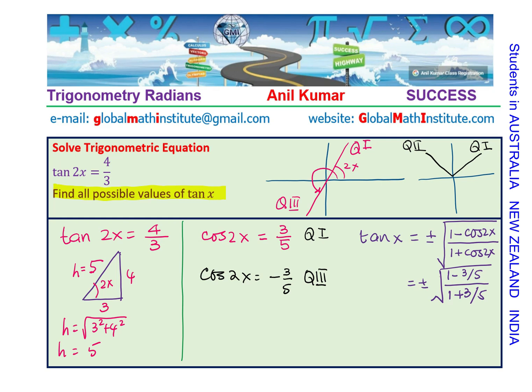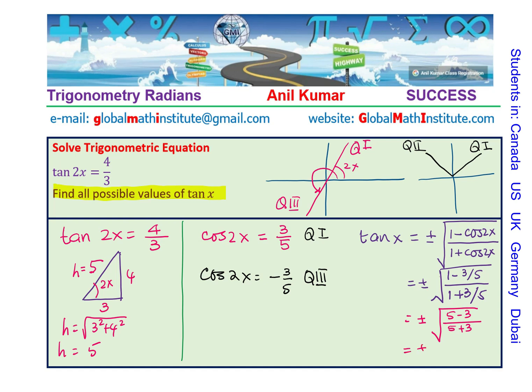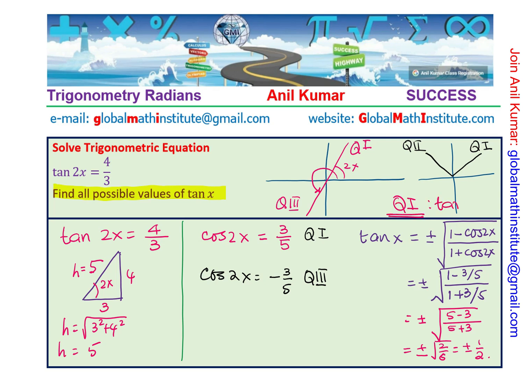Once you solve this, you get plus and minus square root of 5 minus 3, right, over 5 plus 3, which is plus and minus square root of 2 over 8, or plus or minus square root of 1 over 4, which is half. So that becomes the solution when you are working in quadrant 1. Is it clear to you? Tan 2x.